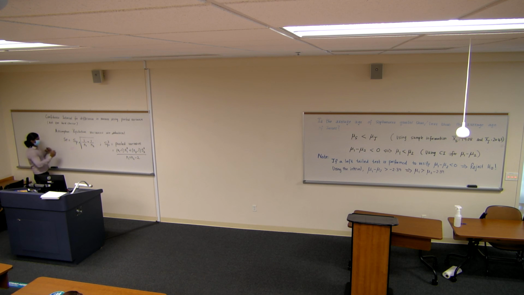In addition, the distribution here is still t, but the degrees of freedom is no longer the minimum of n1 minus 1 and n2 minus 1, rather it is n1 plus n2 minus 2.